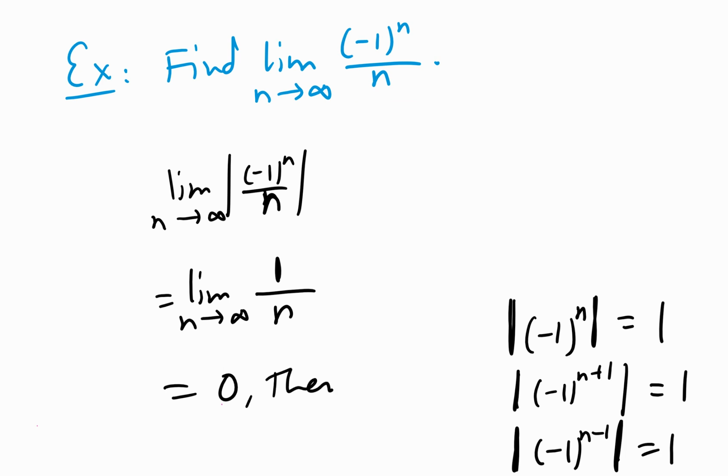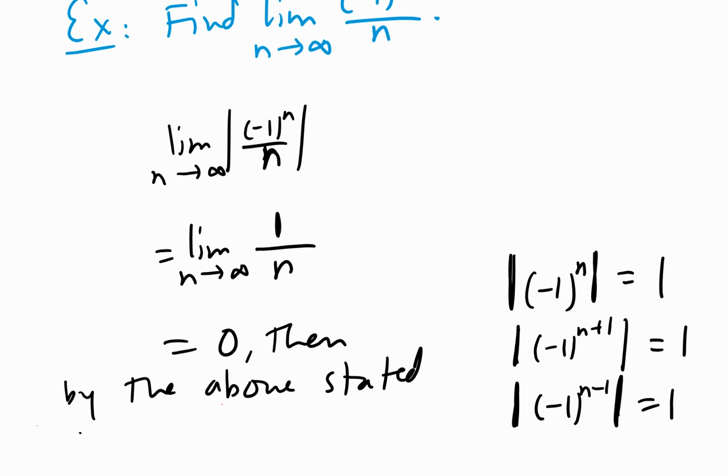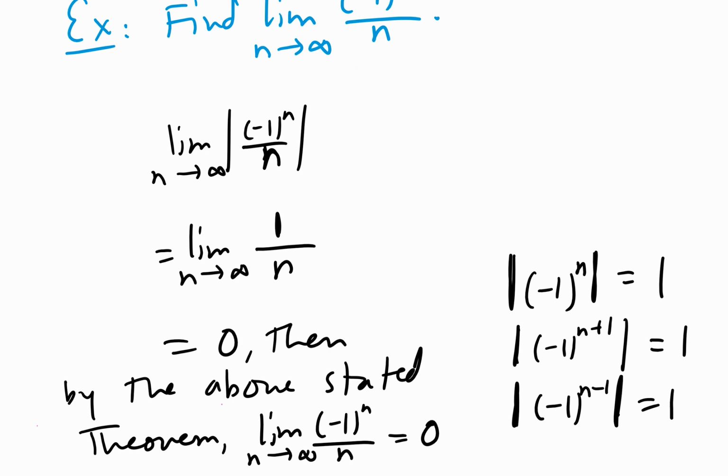Then by the above stated theorem, the limit of negative 1 to the n over n as n approaches infinity is also 0.